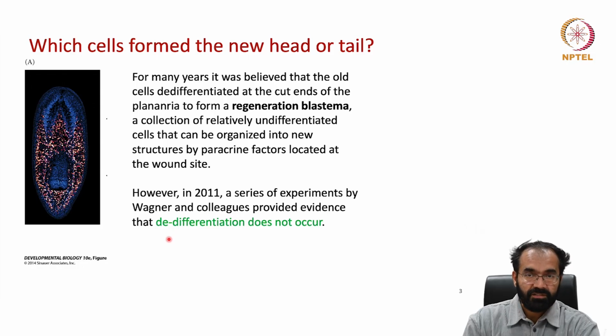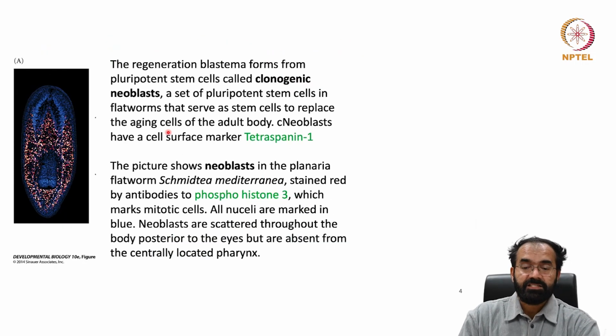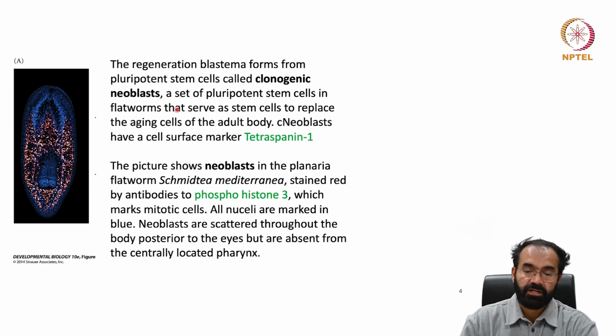So the belief was that they dedifferentiated at that site. But later it was proven not to be correct. The regeneration blastema forms from pluripotent stem cells, which are called clonogenic neoblasts. So this is one of the earlier learnings of how regeneration occurs in planaria.